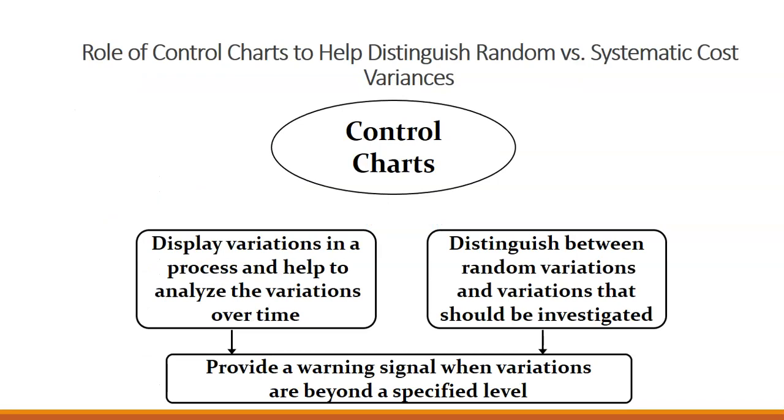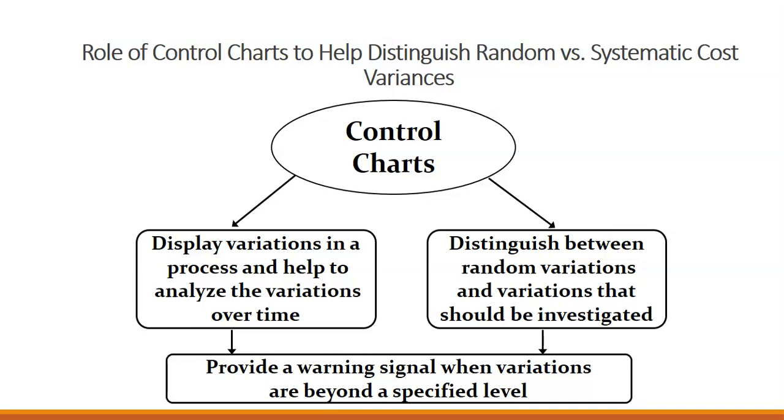If we're trying to distinguish between what is a random variance versus what is a systemic cost variance, we can look at control charts. This can help us to identify when we have variations that should be investigated and can give us warning signals when we're way beyond a specified level. So what are those really big variances?